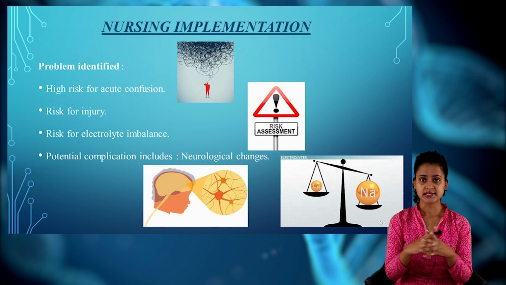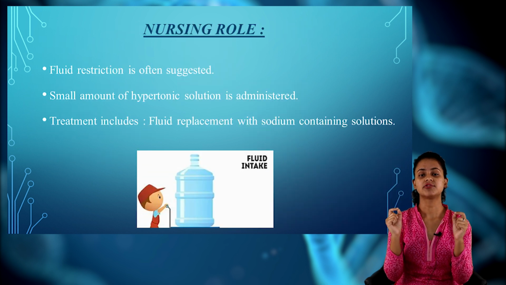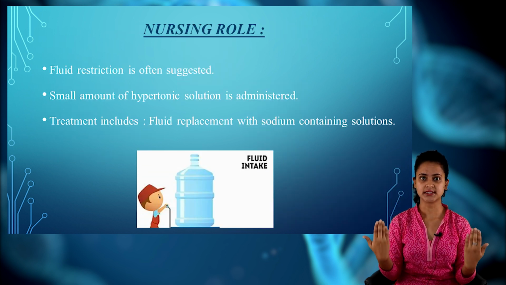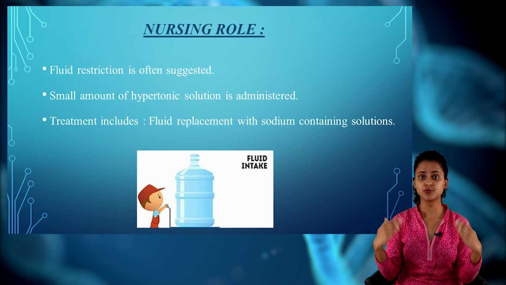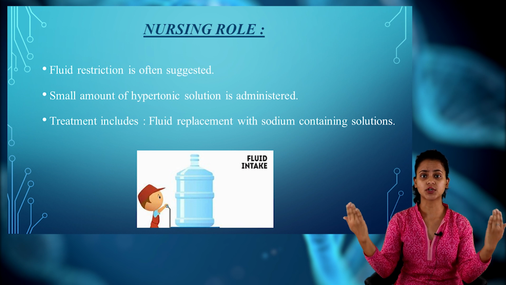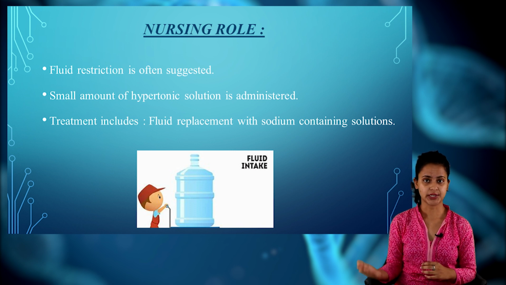As a nurse, we are going to manage the client with hyponatremia primarily with fluid restriction, which is often suggested for a client with this condition. Fluid restriction helps to reduce the fluid volume overload, which will ultimately increase the concentration of the sodium for a client with hyponatremia.